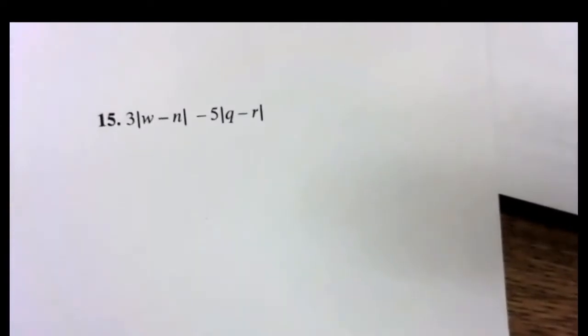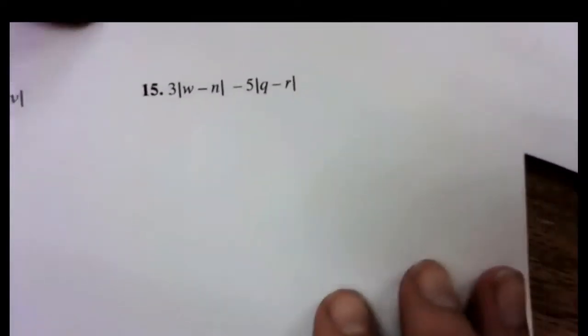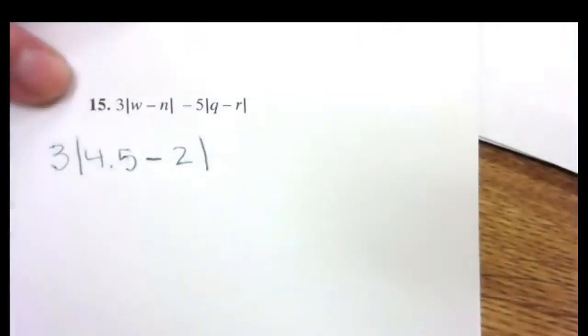Number 15. So once again, we're going to fill in what we need. So it's 3 absolute value, W, which is 4.5, minus N, which is 2.